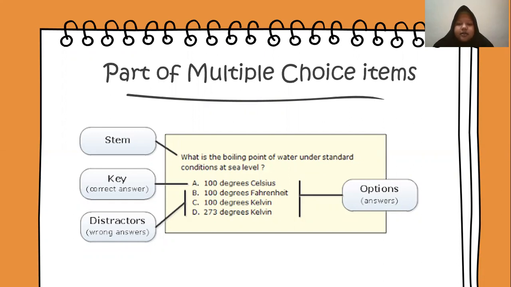Alternatives are commonly called the options or the choices that students should choose to answer the question, the right answer. The alternatives usually consist of 3 to 5 responses, which have one key answer or the correct answer, and 2 to 4 distractors or incorrect answers.